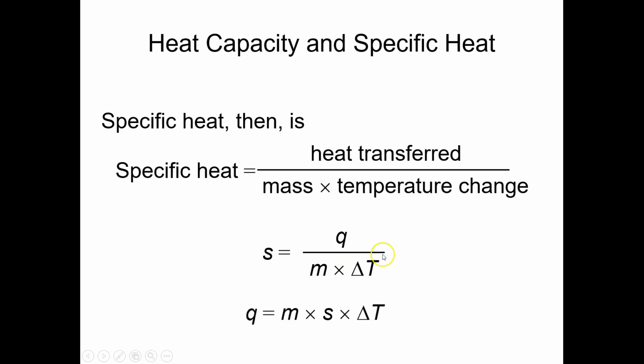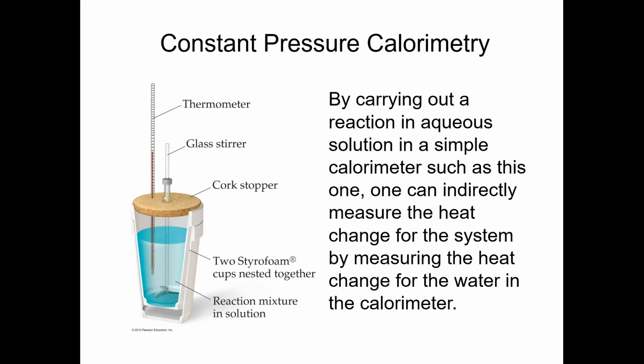You can rearrange that so that Q is equal to M times S times delta T. Now, some textbooks actually use C instead of S for specific heat, because C relates to calorimetry. So sometimes it's easy to remember Q equals MC delta T. This textbook uses S as the symbol for specific heat.